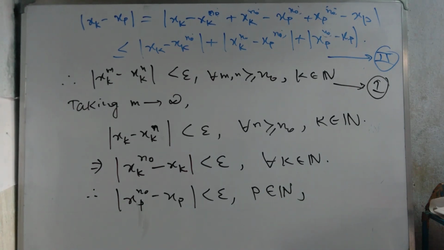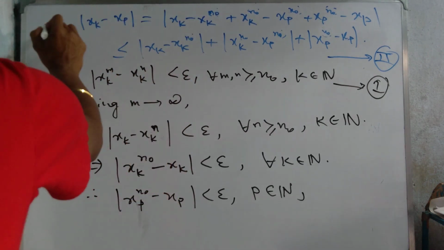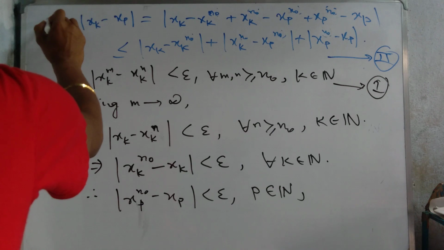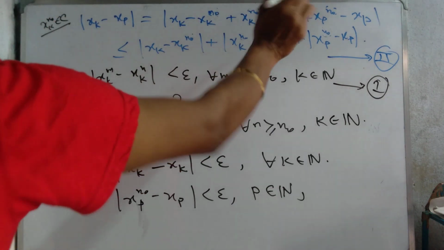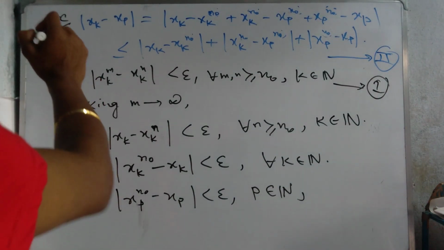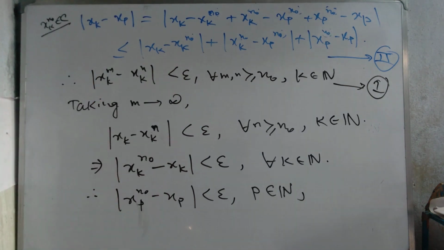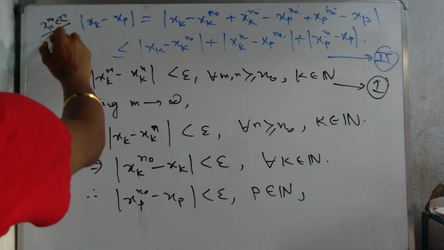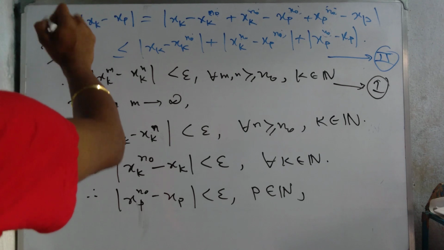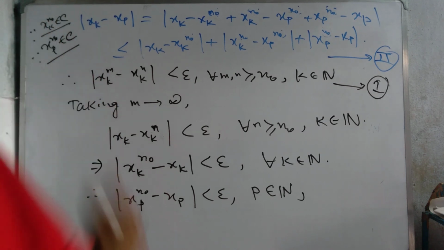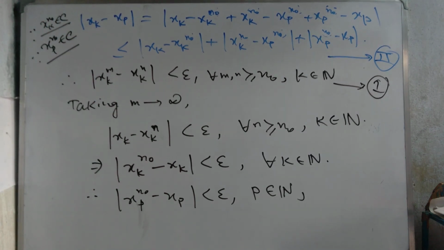Then we write it this way, where x^(n0) belongs to c. Obviously here x_k^(n0) belongs to c, otherwise we would not write it this way. And obviously x_p^(n0) belongs to c.